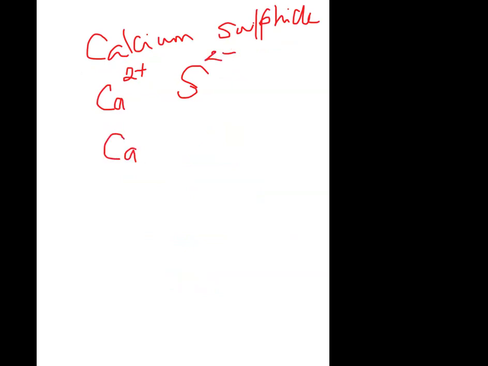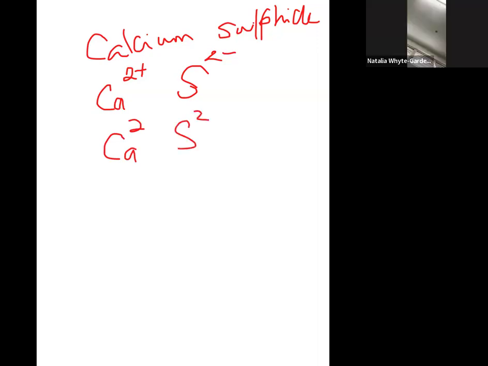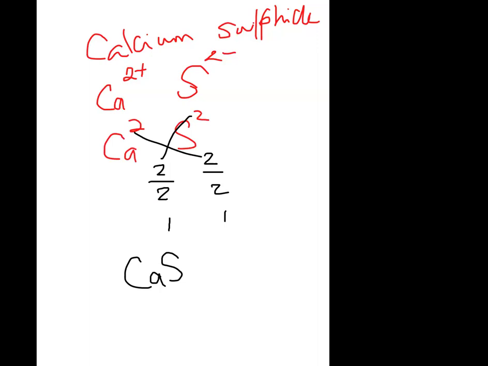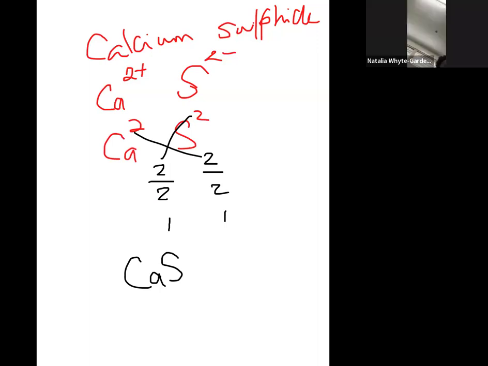So we have Ca2S2. We're going to swap, the 2 goes to the bottom here. Both of them have 2, so we're going to divide by 2. So it's 1, 1. How many calcium do I have? 1. How many sulfur do I have? 1. So the formula for calcium sulfide is CaS.